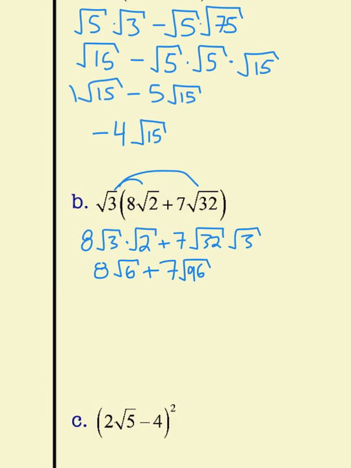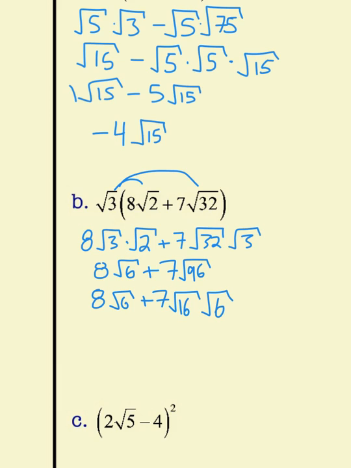And now we're probably combining like radicals. So I'm going to check to see if 6 goes into 96, which it does, by 16. So now we have 8 square root of 6 plus 7, and I'm going to break that 96 into the square root of 16 and the square root of 6.